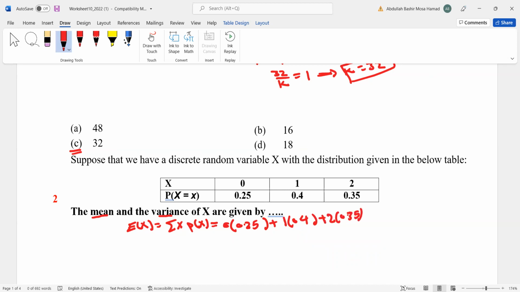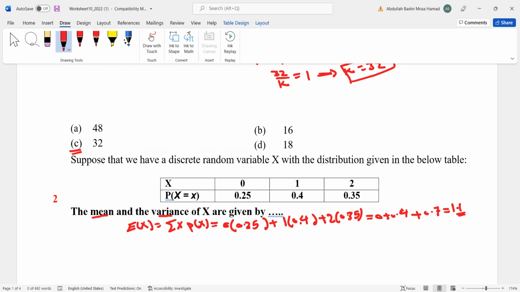This is 0, this is 0.4, this is 0.7. So 0 plus 0.4 plus 0.7 equals 1.1. So the mean is 1.1.